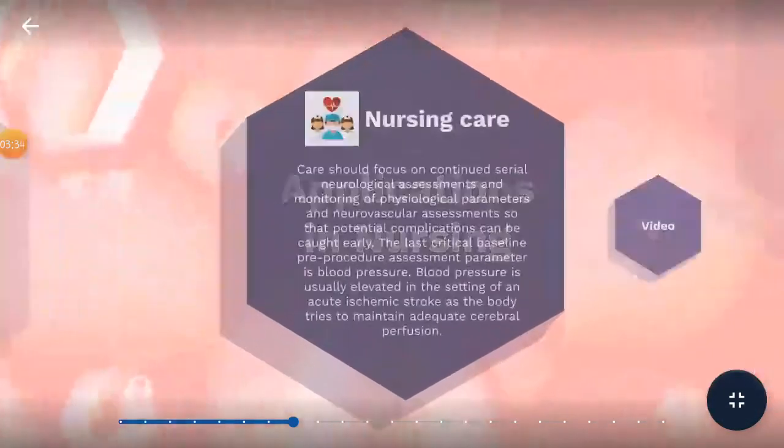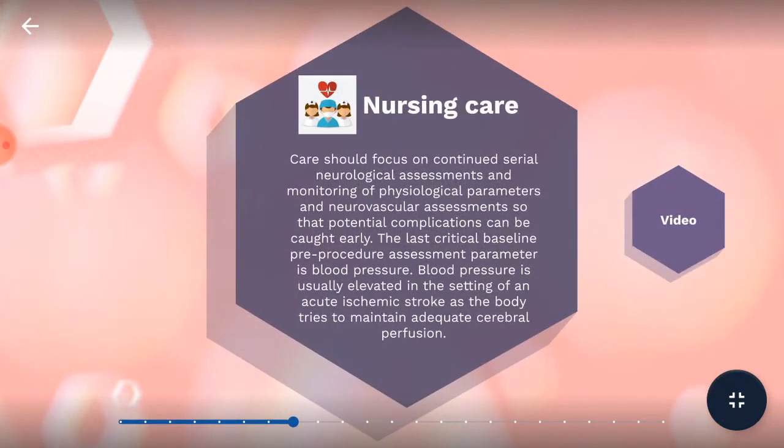Application in nursing care. Care should focus on continued serial neurological assessment, monitoring of the physiological parameters, and neurovascular assessment so that potential complications can be caught early.